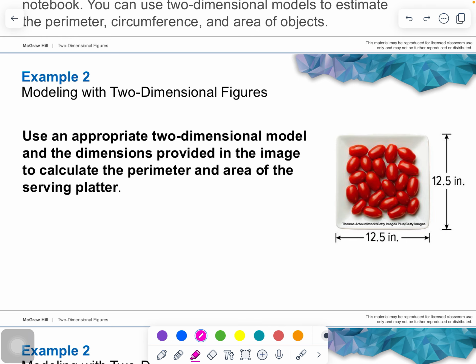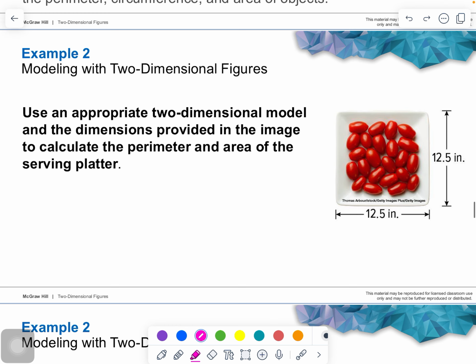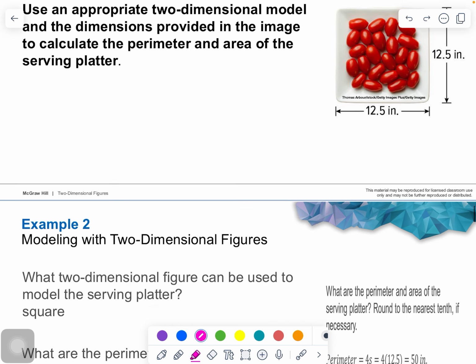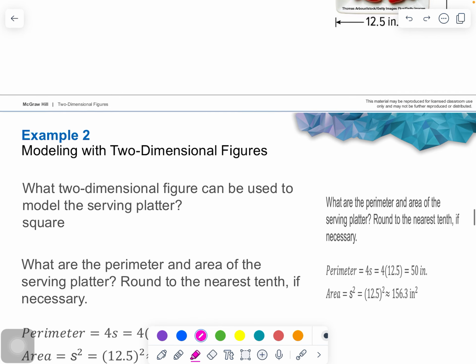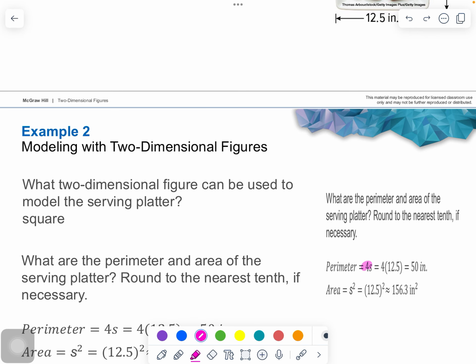So perimeter. Well, this one is square. It's a square platter. So for a square, we do this guy, 4 times S. So we do 4 times 12.5, and we find 50 inches. And then the area is the side squared. So you get 156.3 inches squared.